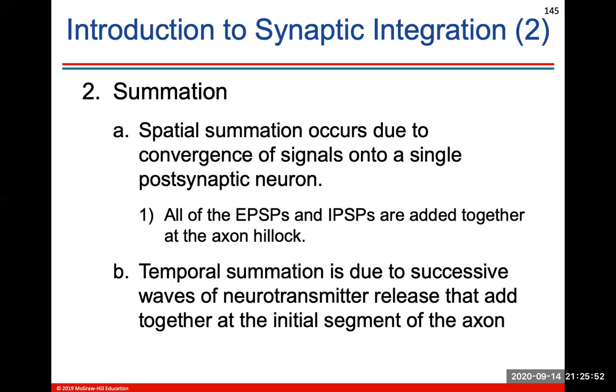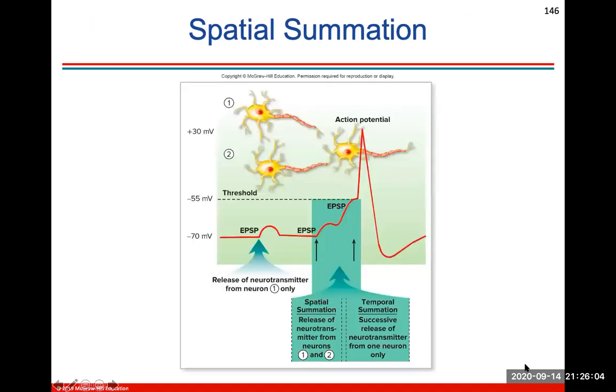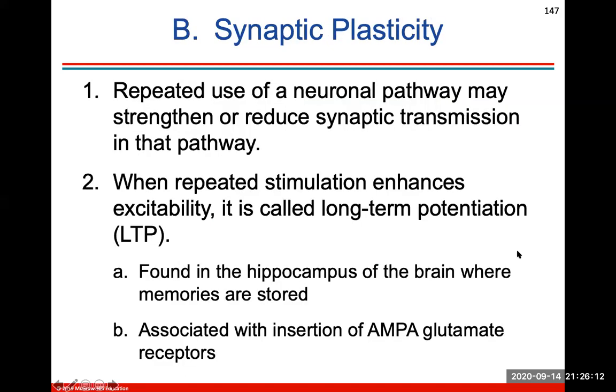Summation: spatial summation occurs due to the convergence of signals onto a single postsynaptic neuron, and temporal summation is due to a successive wave of neurotransmitter release. So this is a look at spatial summation. These are graded potentials, this EPSP. Synaptic plasticity is the repeated use of a neuronal pathway.